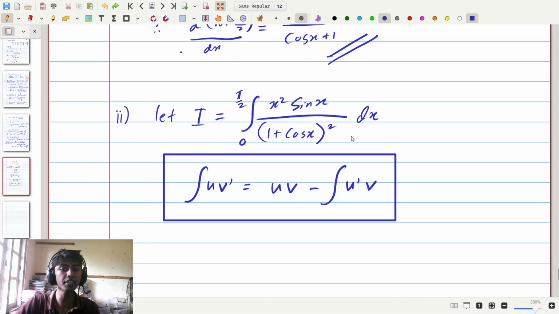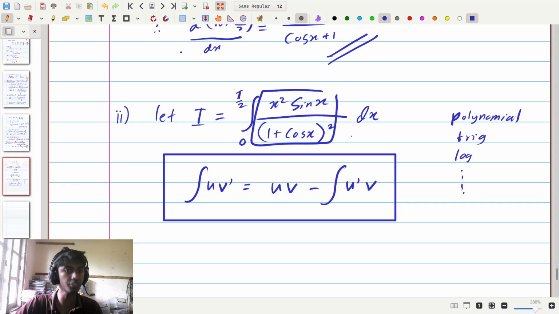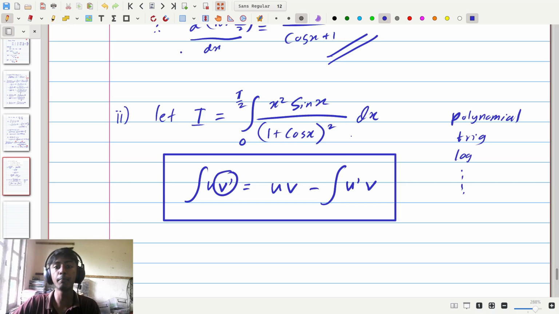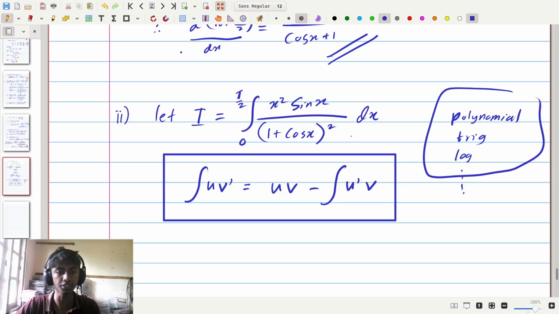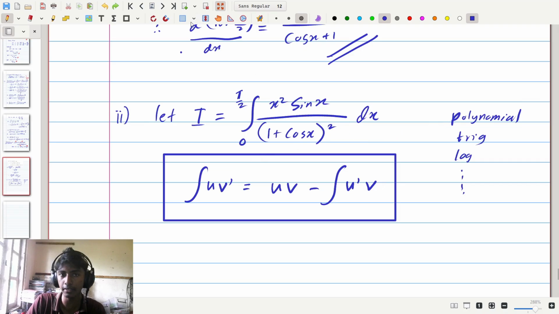Now usual strategies we have in integration by parts is to consider polynomial, trigonometric, logarithmic, and other components of functions that we can have in this function right here. And considering that, the reason is because usually u and v prime will break into these types of functions. We will usually have u or v being in terms of only polynomials and the other function being in terms of only trigonometric or something like that.